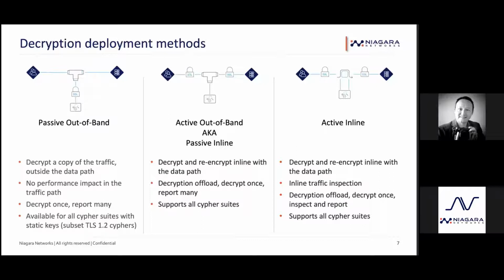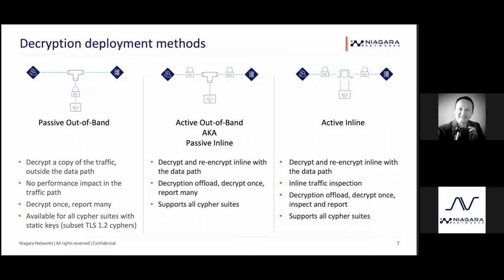Maybe you have a web application firewall as well as an intrusion prevention system, and very often these appliances do have a decryption engine as well, but it means that traffic goes to this web application firewall, it does its decryption, does the inspection, encrypts it again, and sends it out to the next engine.